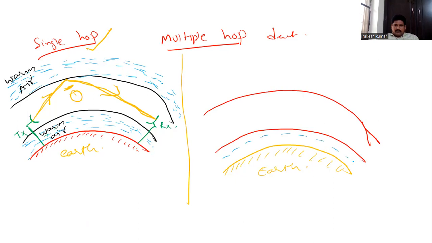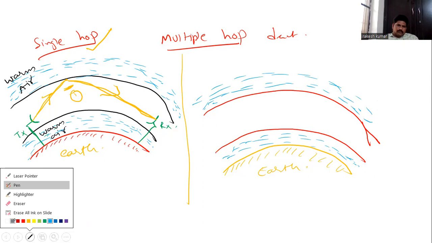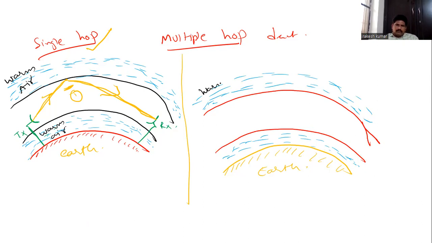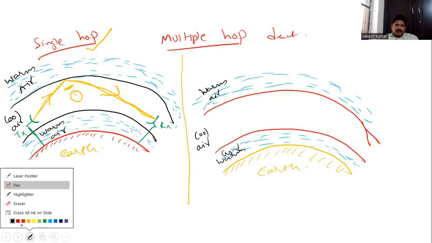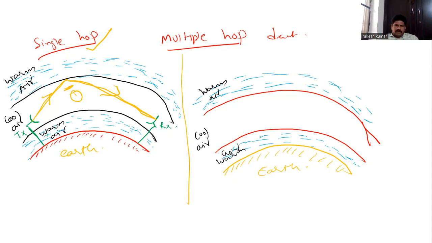Let us consider this is the warm air, and this is also the warm air. This is warm air. And this is cool air. Here also this is cool air. Okay. So let us draw the diagram of the antenna.